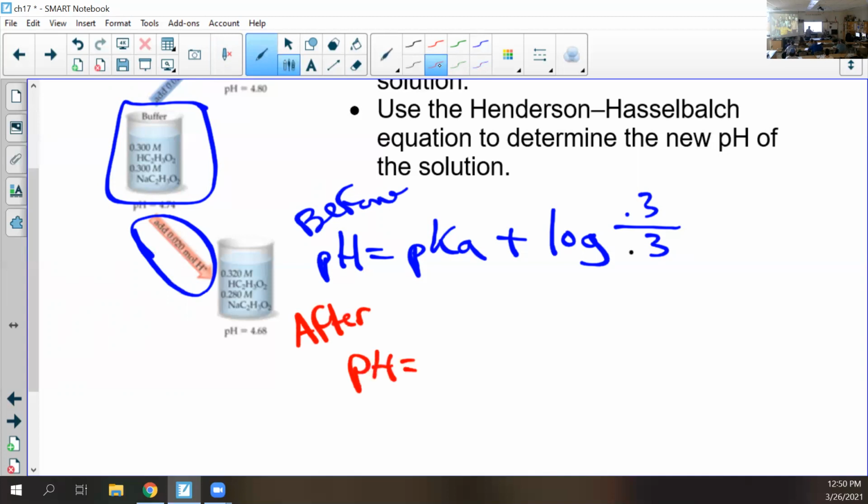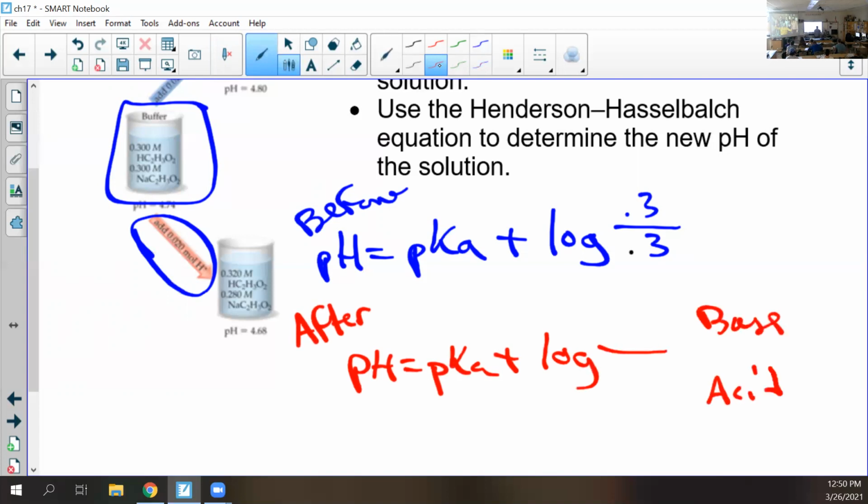pH will equal pKa plus the log. And now remember, this is my base. This is my acid. I am adding acid. Acid does what? It reacts with who? It reacts with the conjugate base. So the amount of conjugate base goes where? Down.